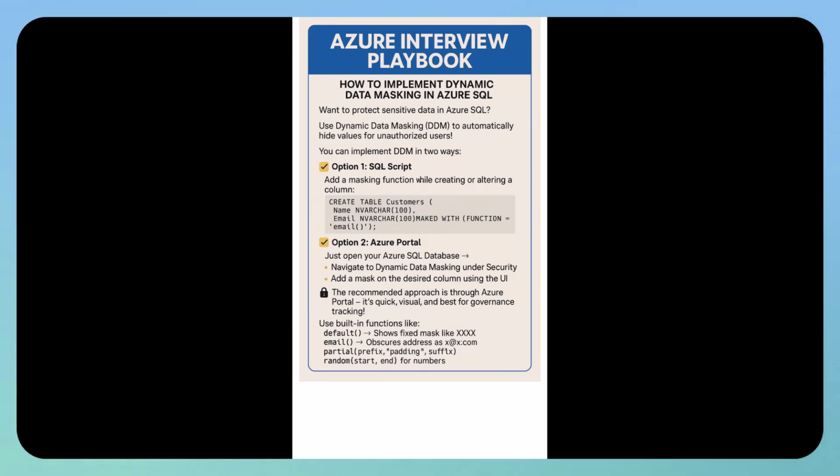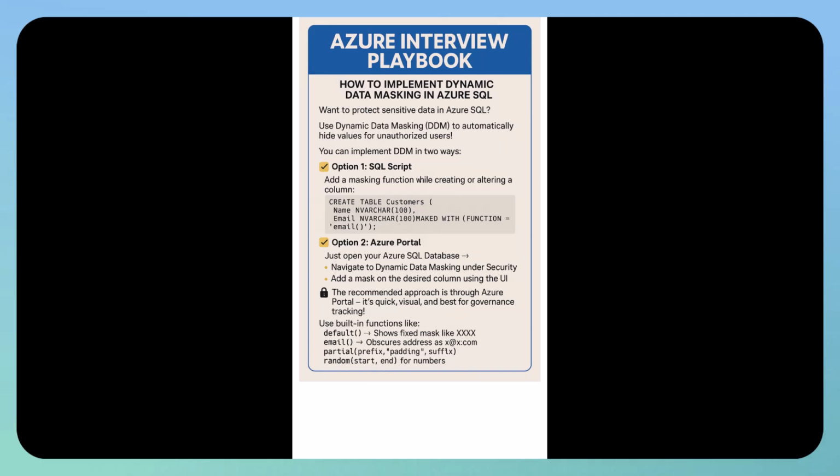In option 1, which is SQL script, as you can see, we need to use the masking functions that are available in SQL Server. For example, here we are creating a table called customers, which has two columns. The first column is name, whose data type is nvarchar. The second column is email, which is also nvarchar. However, email is a kind of personal information which should be masked for non-privileged users.